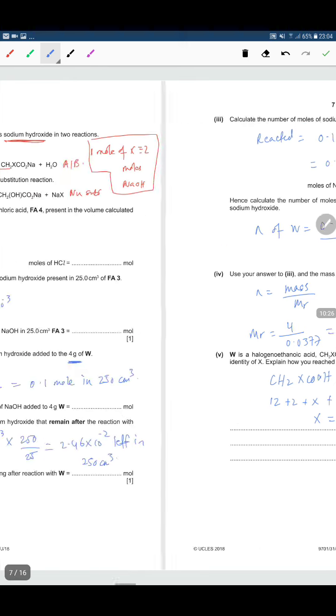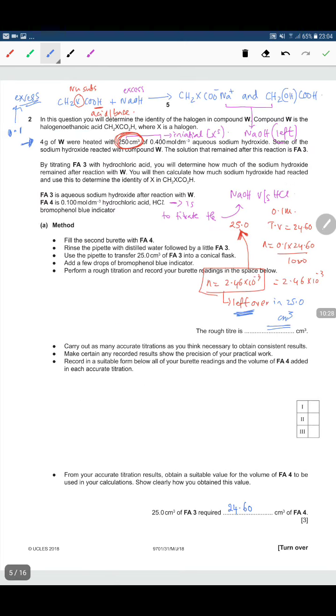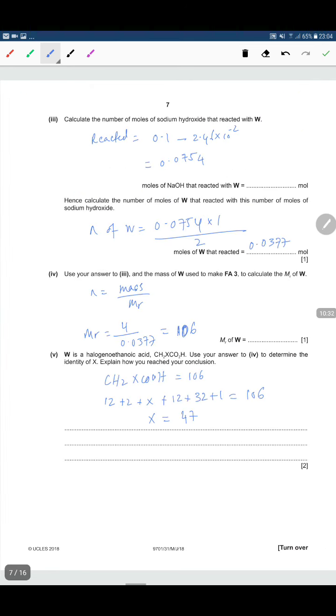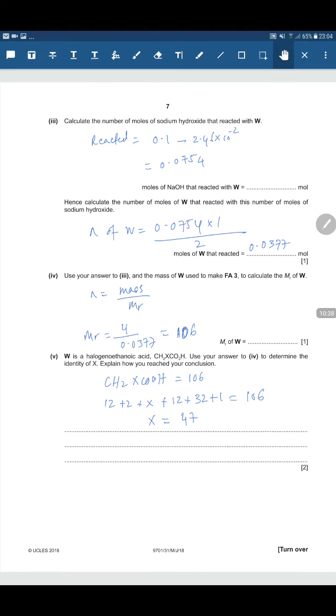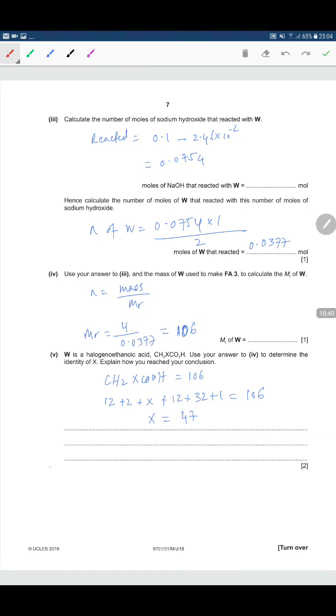So the tricky part of that question was this dilution and this reaction. Let me explain it back again at last. So first we had 4 grams of W, right? You should remember this well. That 4 grams of W is an acid, CH2X-COOH.